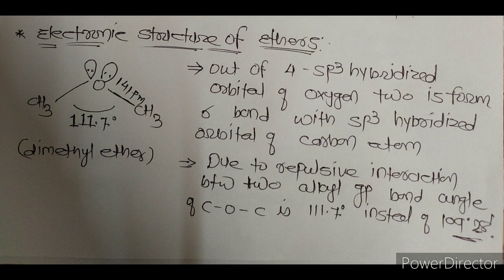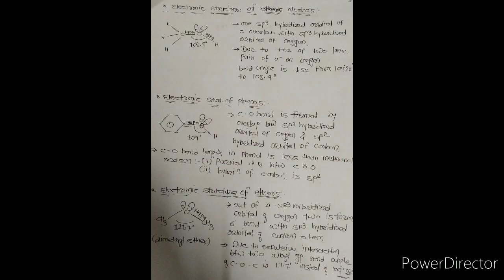And especially if we focus on the electronic structure of ether, the value of the COC bond angle is 111.7 degree instead of 109 degree 28 minute. All these three structures you have to remember with their values of bond angle as well as bond length. And you also have to remember this for theory, 2 mark theory also.